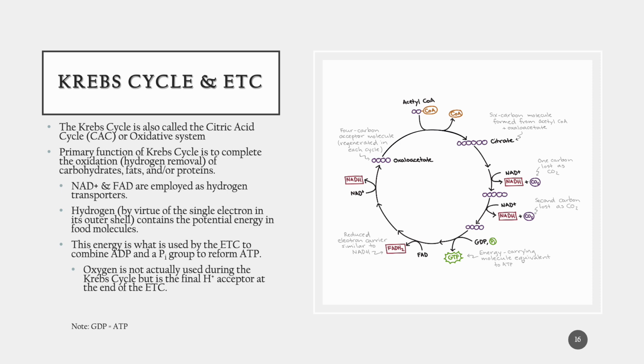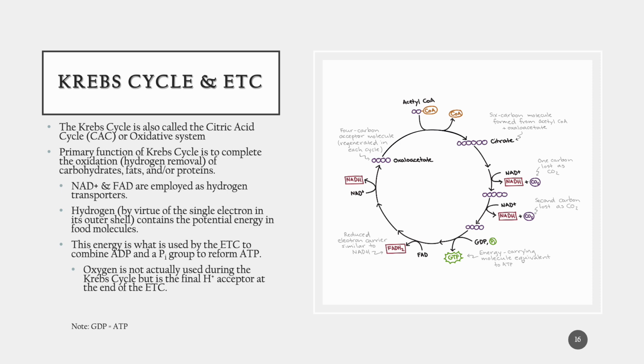The 4 purple circles merge with acetyl-CoA, which gives us 4 plus 2, giving us 6, leading to citrate, a 6-carbon molecule formed from acetyl-CoA. That is the very first step in the Krebs cycle.